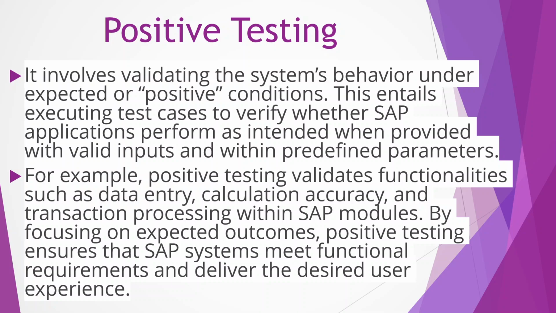So when the system gives the correct results with the correct set of data being supplied as input and parameters, then this kind of outcome is what is called positive testing. That means our tests are positive, it is working as expected. I just gave one simple example. There can be many such examples.